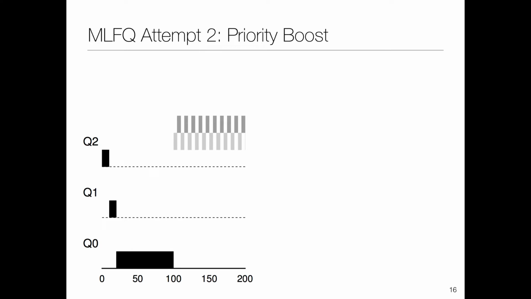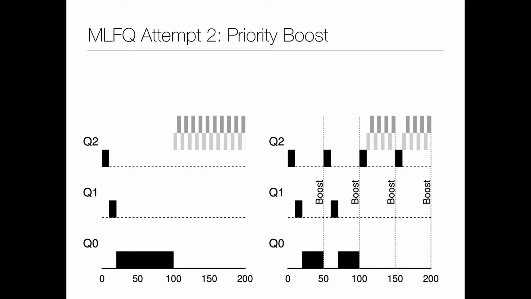Let's look at the left hand side. We have 3 queues, Q2, Q1, and Q0. For priority boost, what we want to do is every few time intervals, all the processes move to Q2, the highest queue. In this case, the only process which is at lower priority is this black one. So only this will be moved to the top queue, because the other ones are anyway at the top queue.